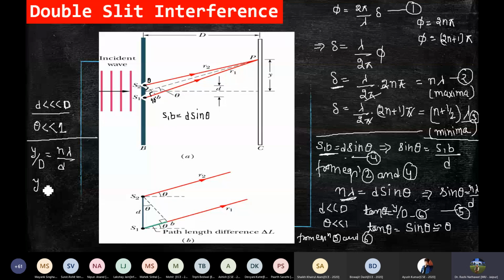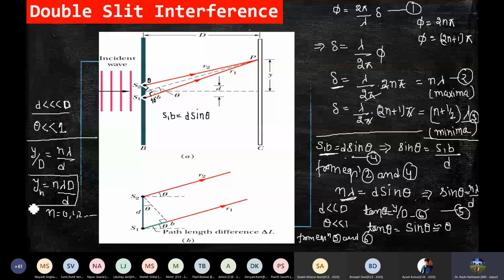This will give you y is equal to n lambda capital D upon small d. And what is n? N is the number of fringes. So n is 0, 1, 2, and so on. If I say this is yn, it is the nth fringe, or nth point where we are getting a fringe.